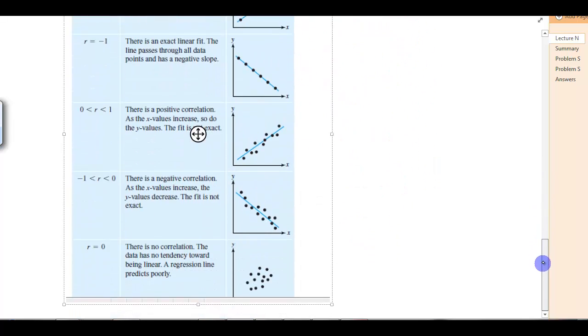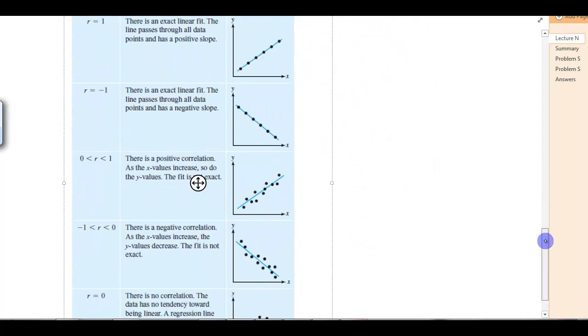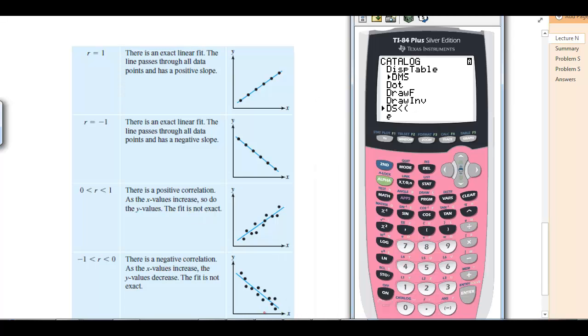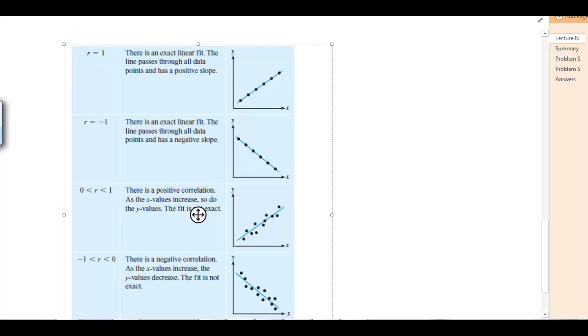The other thing that is here is something about correlation coefficients. This has to do with linear regression. If you have your diagnostics turned on in your calculator, we're not going to do that right now, we'll do that in the homework, but you'll get some r values, some r squared values in your information when you create your equation.